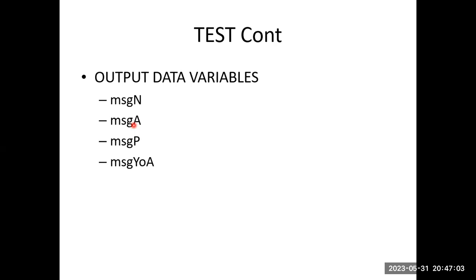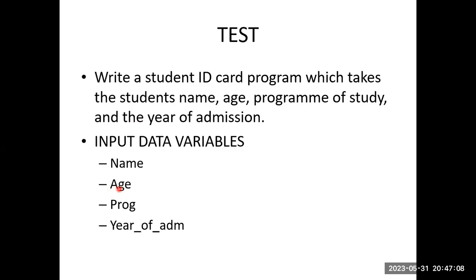Then after that I have the next one as input, and the person will enter the age, the number. That's how it goes for all of them. I hope you are clear. It should be easy for you to identify input data variables and output data variables.